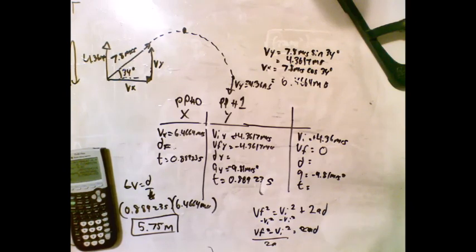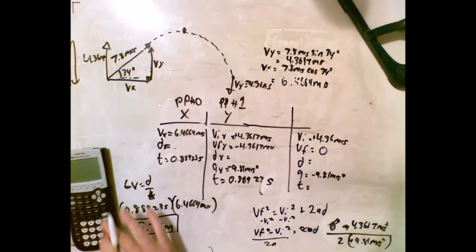So my final speed is 0, and I'll subtract 4.3617 meters per second squared, divided by 2 times negative 9.81. So you can see this negative and this negative will cancel out. So we'll get a positive distance, and it goes up, so we should get a positive distance.